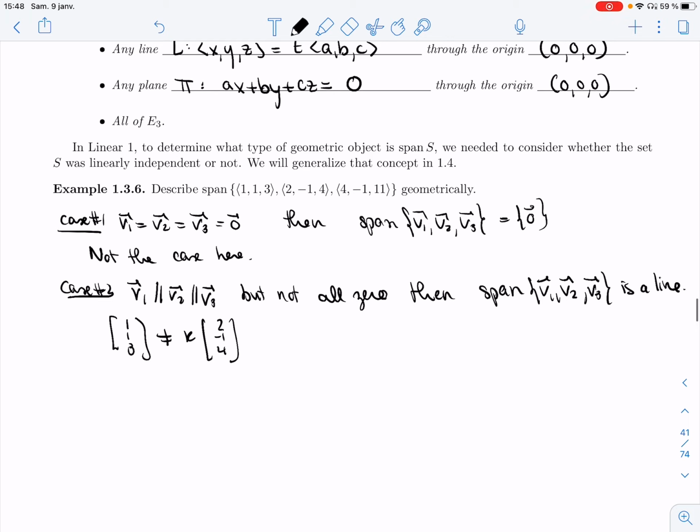In fact, to prove they're not parallel, let me compute the cross product of two of them. I'll compute V2 cross V3, and I'll use it in the next bit anyway. So (2, -1, 4) cross (4, -1, 11). I'll expand like we did in Linear 1.